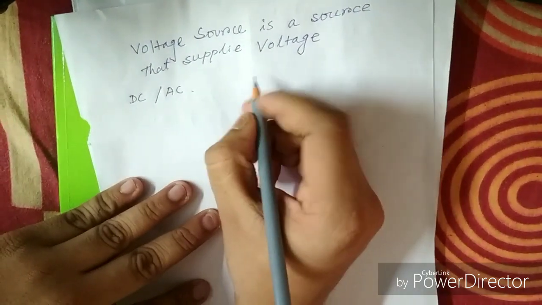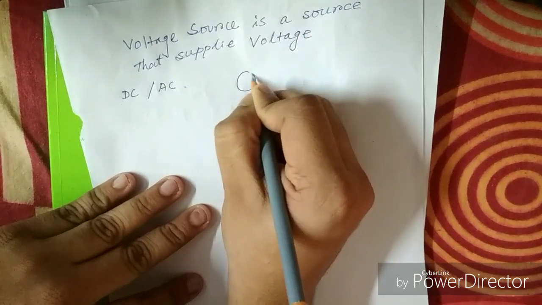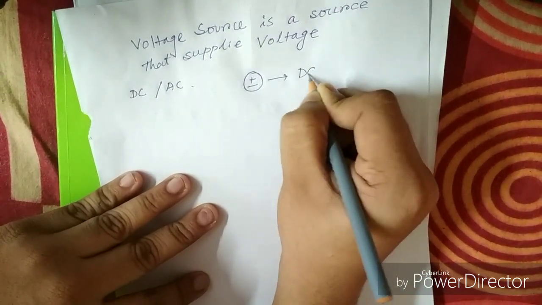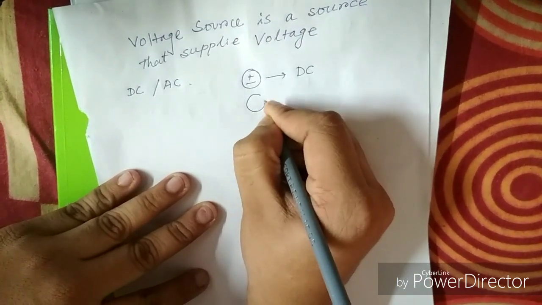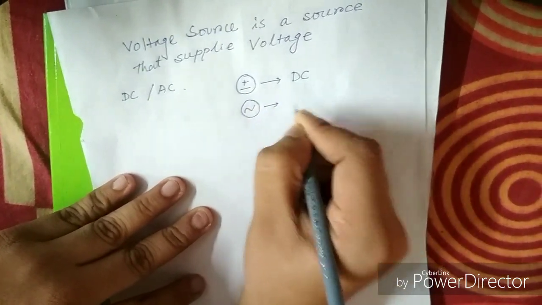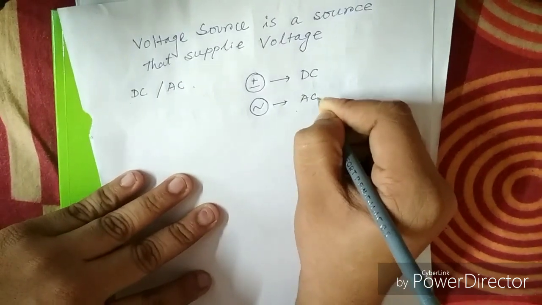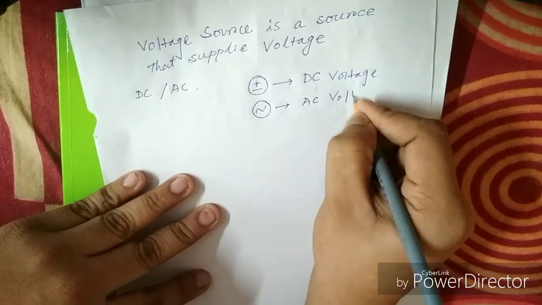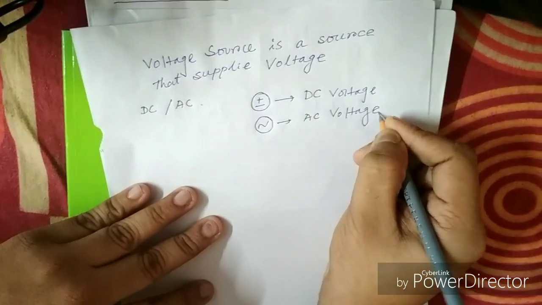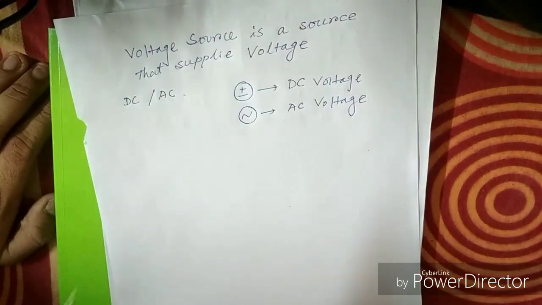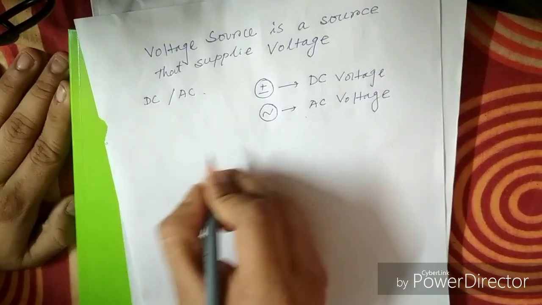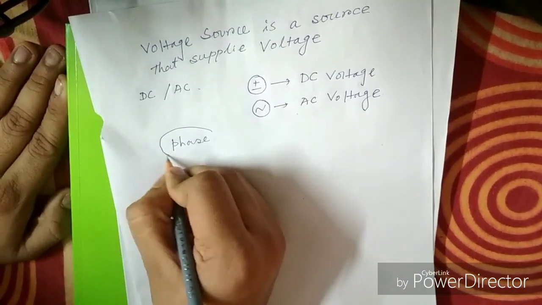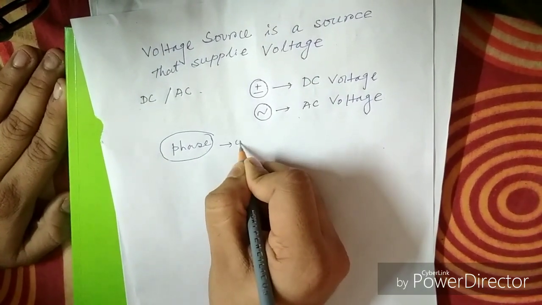A general thing is that a DC voltage has a symbol like this, and an AC voltage has a symbol like this. A DC voltage and an AC voltage have a basic difference of phase. So what is phase? This is omega.